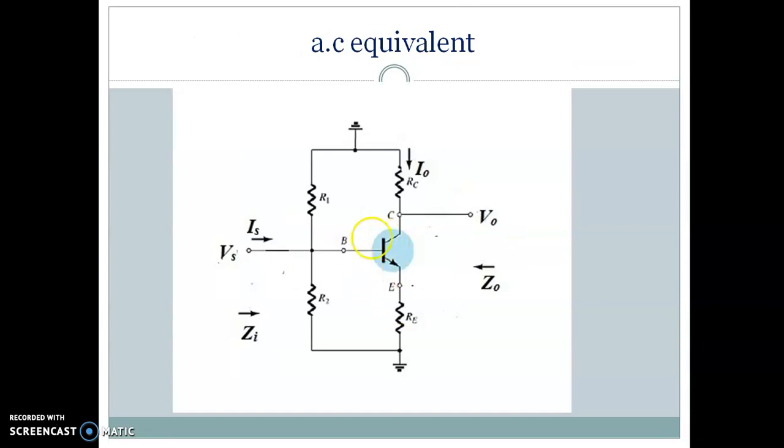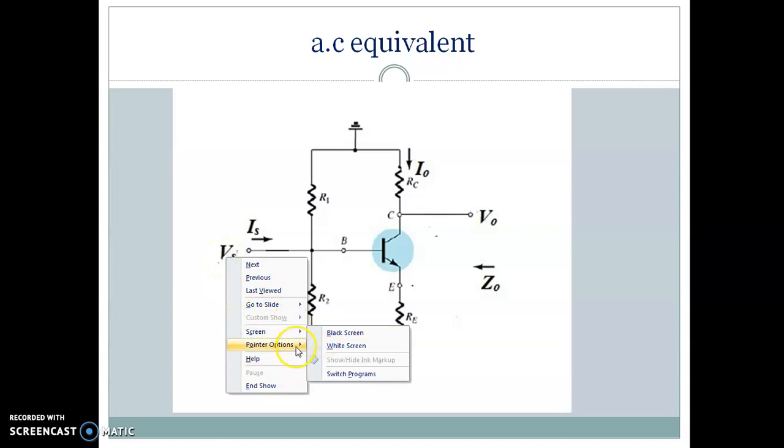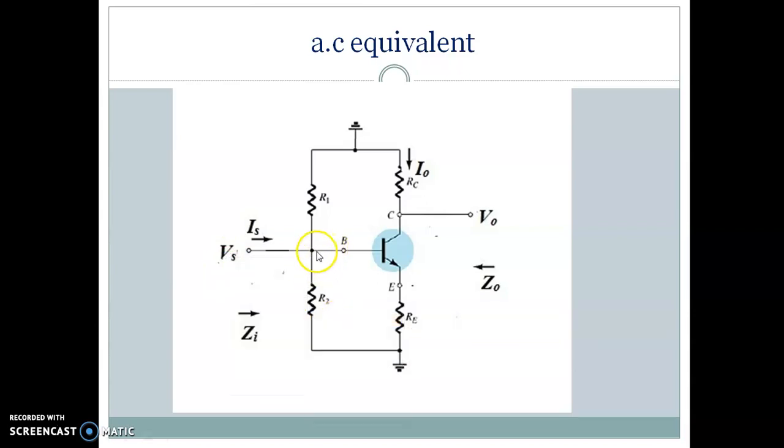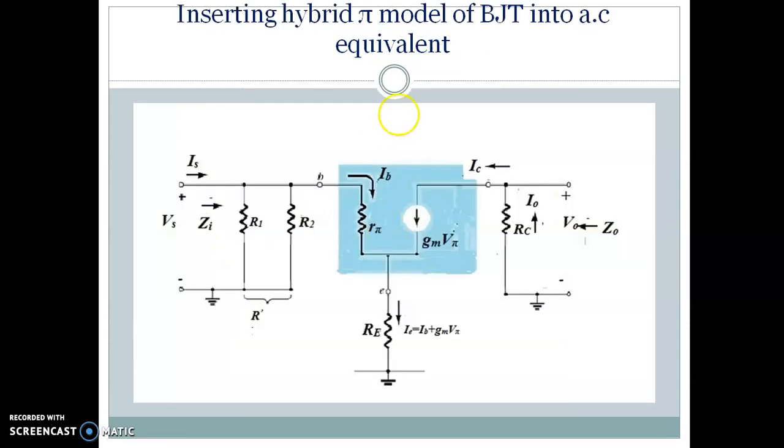Next step, we have to draw the AC equivalent. To draw the AC equivalent, we have to short circuit the coupling capacitors and remove the DC source. Here the DC source has been removed and the coupling capacitors are shorted. Next, we have to replace the transistor with its hybrid pi model to compute the input impedance, output impedance, and voltage and current gain.